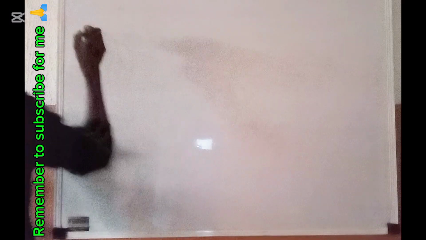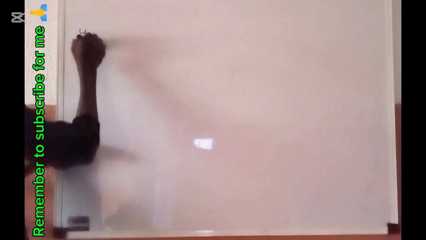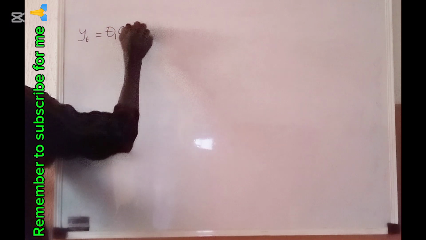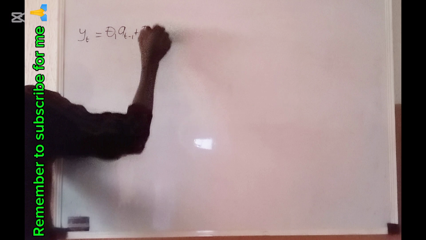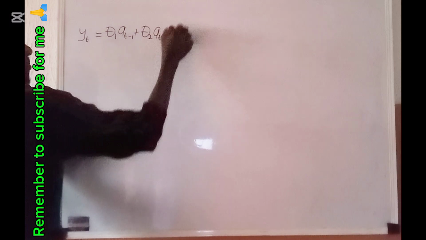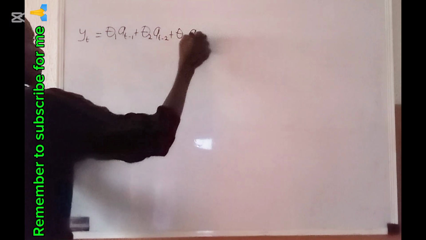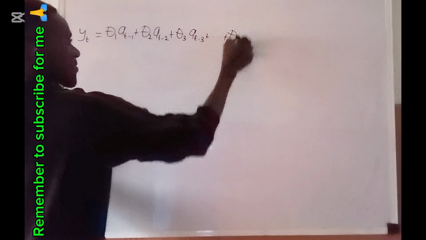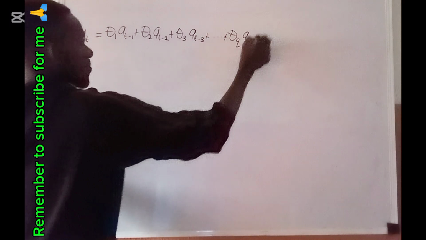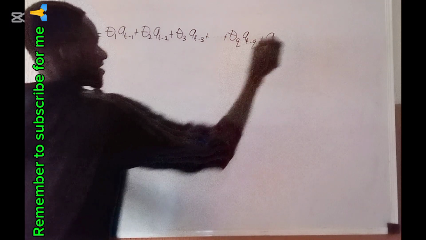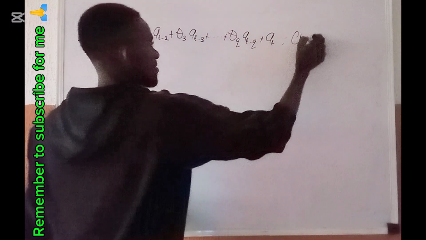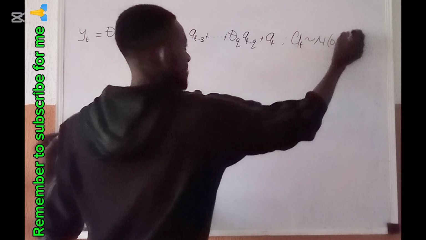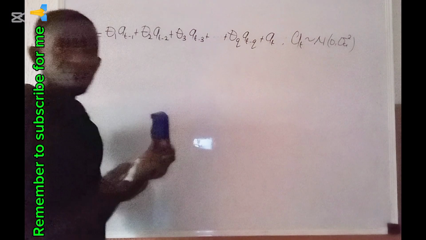So our model becomes y of t equals theta 1 A of t minus 1 plus theta 2 A of t minus 2 plus theta 3 A of t minus 3 plus dot dot dot plus theta q A of t minus q plus A of t, given that A of t follows a normal distribution with mean 0 and variance sigma squared of A. Okay?